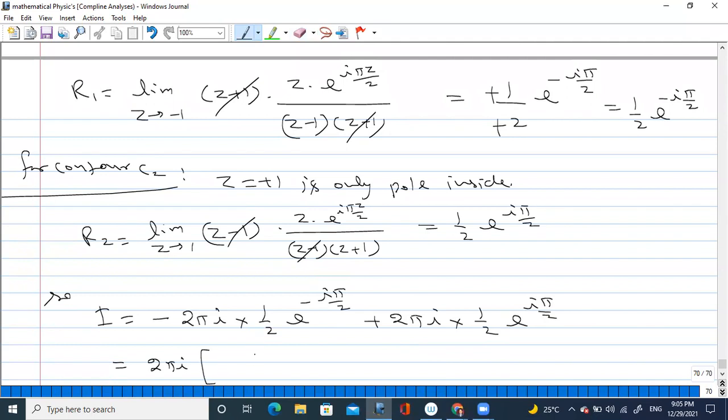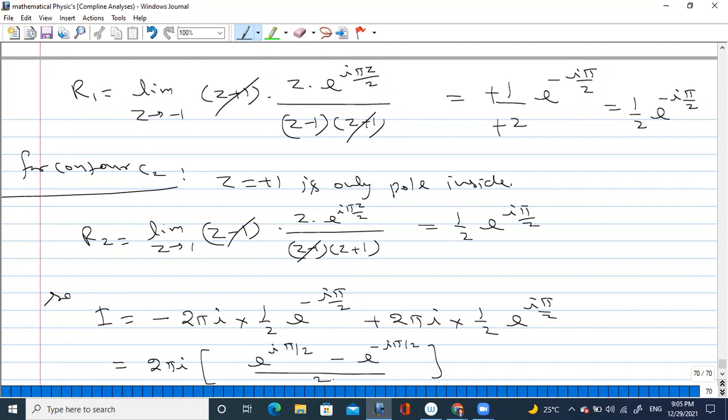Okay, so then it will become 2 pi i, which I have taken common, times e to the power i pi by 2 minus e to the power minus i pi by 2, divided by 2.